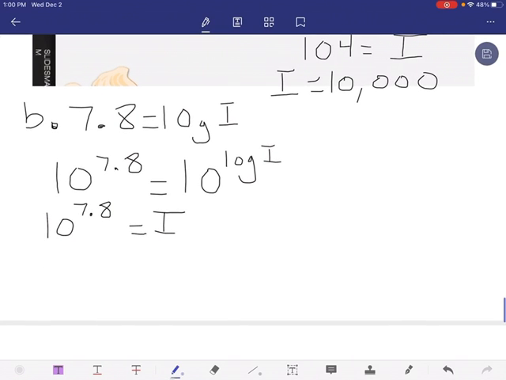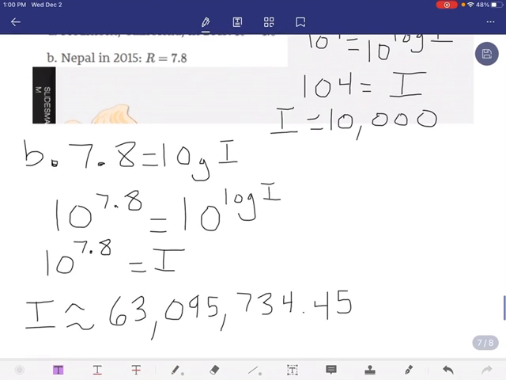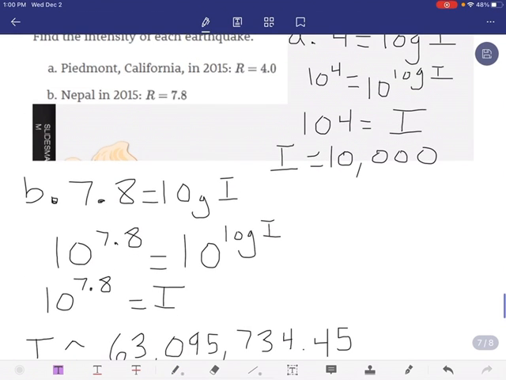We would need to plug that into our calculator. And it is going to be kind of a big number. So we get that I is approximately 63,995,734.45. And that's going to be intensities.